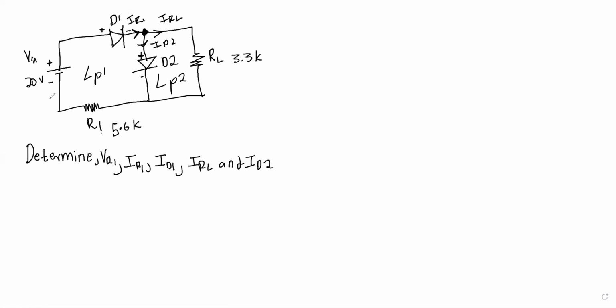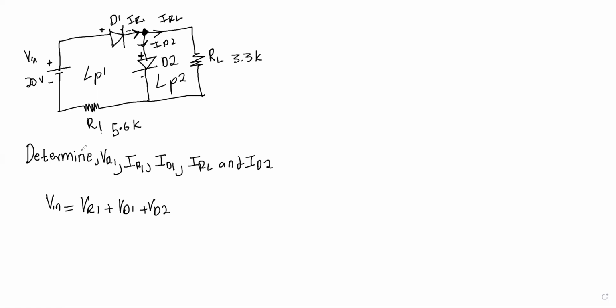Kirchhoff's voltage law states that when we add the voltages across D1, D2, and VR1, they give us the total voltage, which is our V in. So to determine VR1, the formula is V in equals VR1 plus VD1 plus VD2.